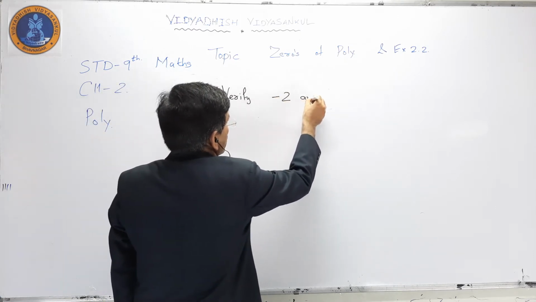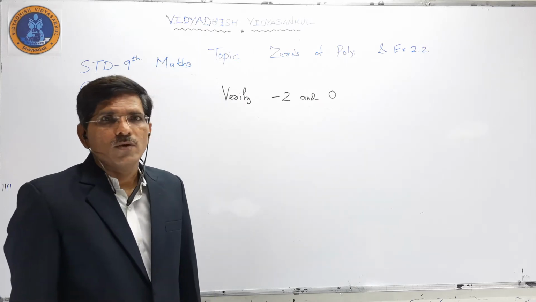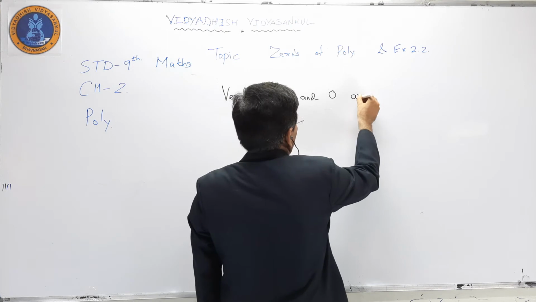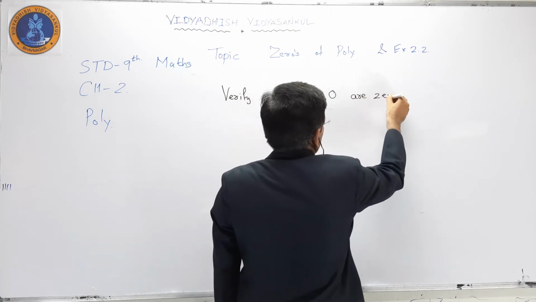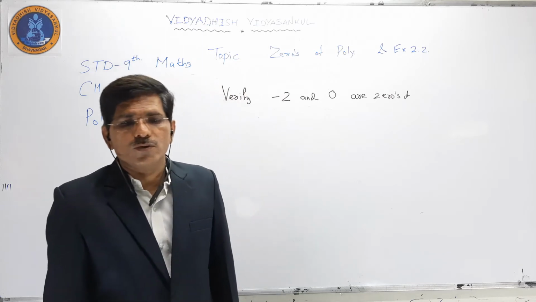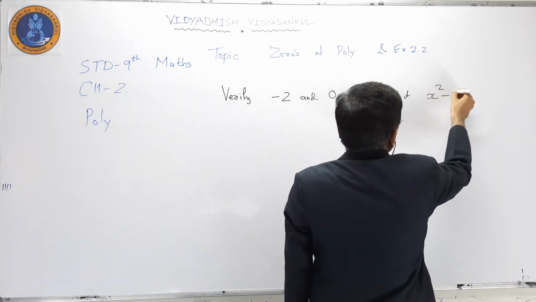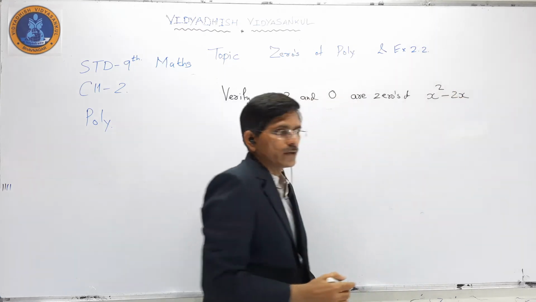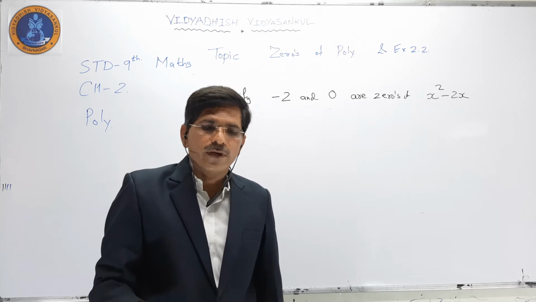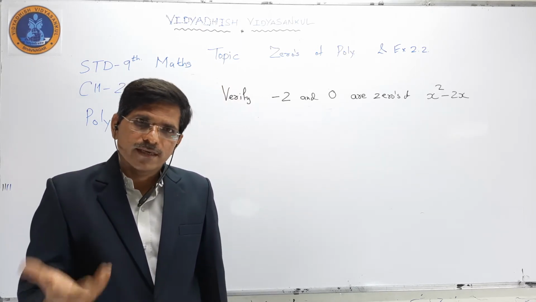2 and 0 are zeros of x square minus 2x. If I put the values and get the answer 0, we can say yes.